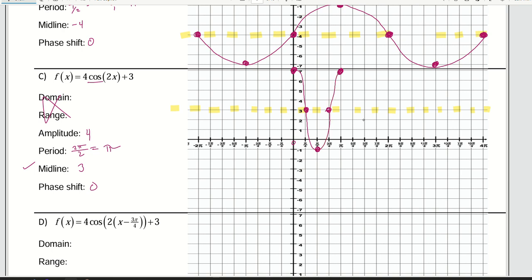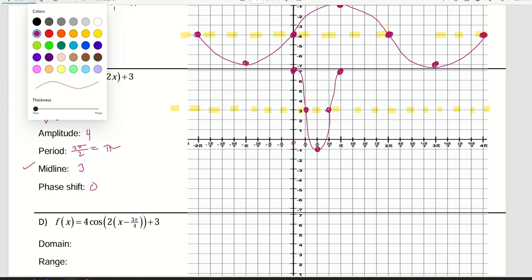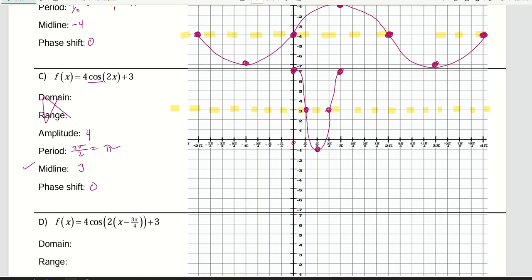It's kind of scrunched up like an accordion, but we can add more colors. I'll do it in a different green. So every pi is our period. So there's our next peak, there's our next peak, there's our next peak. There is our next trough, a period of pi away, a period of pi away, a period of pi away.